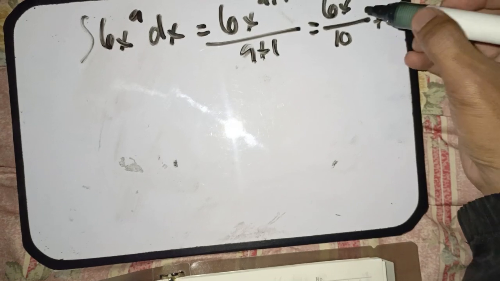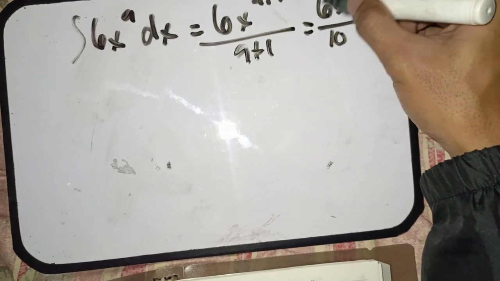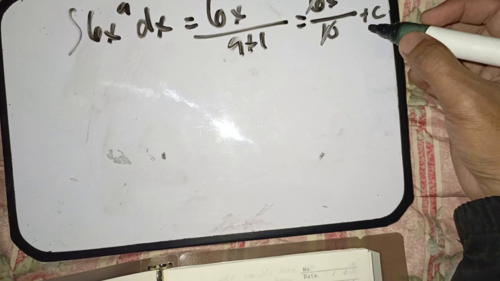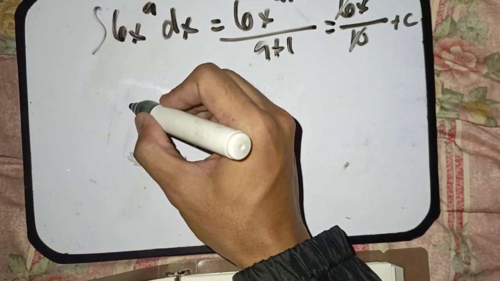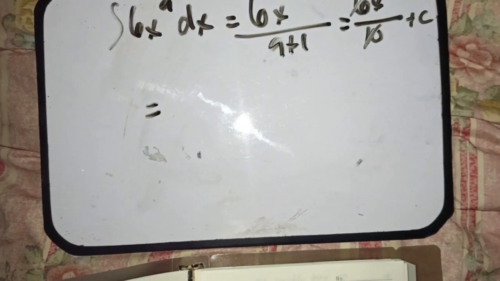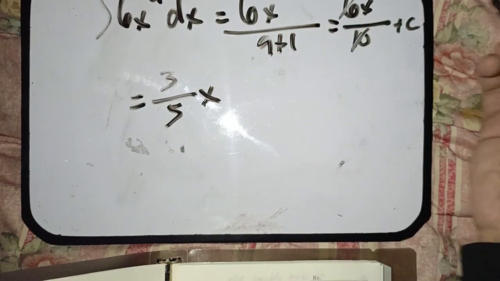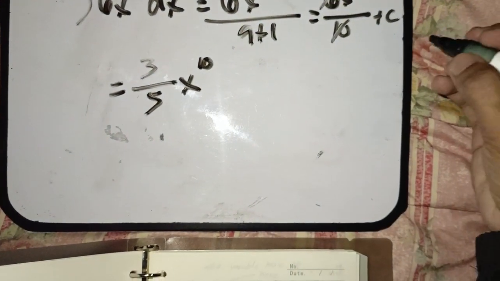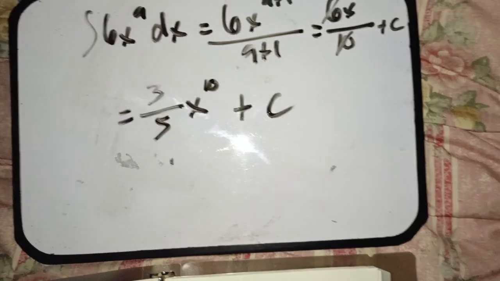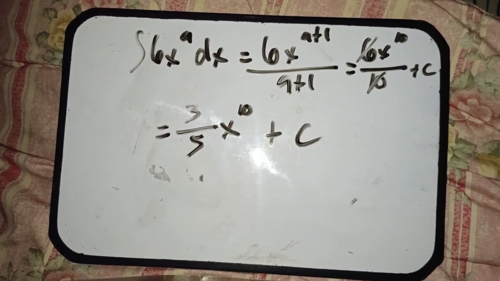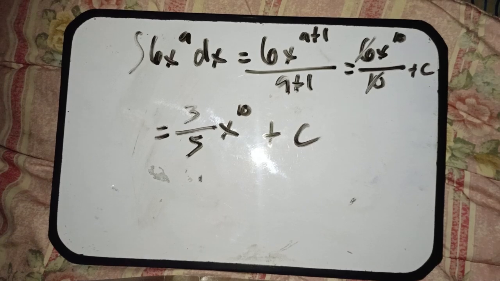Now we can reduce this to lowest terms. Divide by 2, which gives us 3 over 5 x raised to 10 plus c. So that's how we solve this simple antiderivative problem.